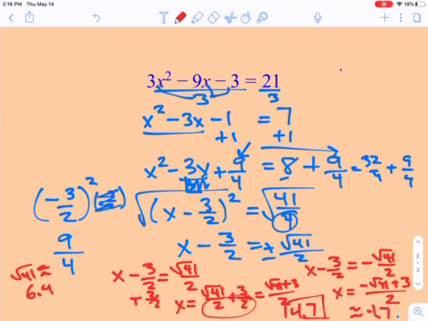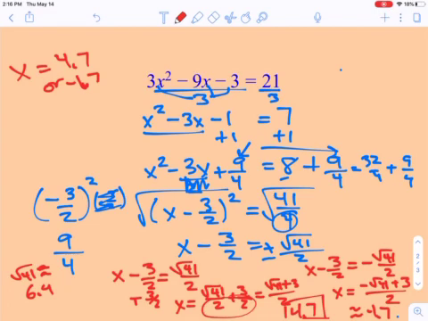So my two roots are going to be x is equal to 4.7 or negative 1.7.